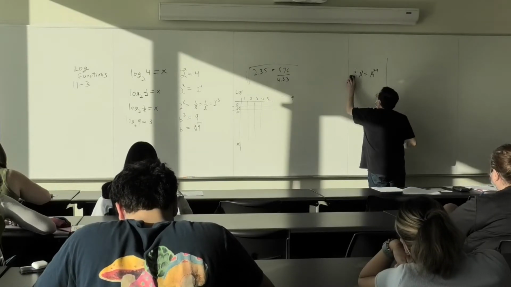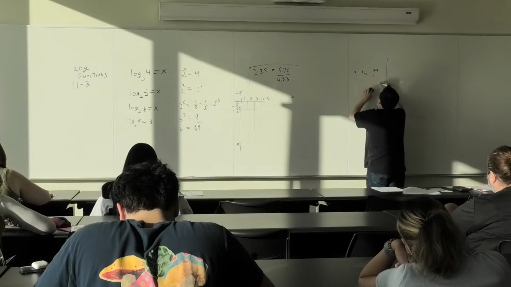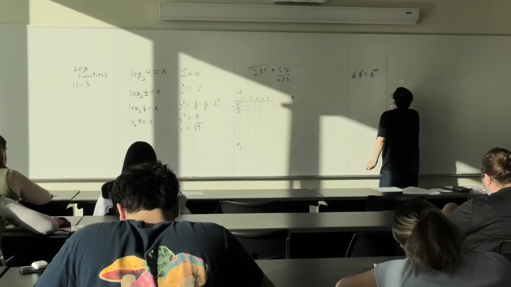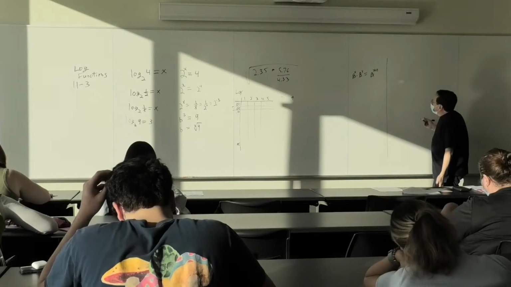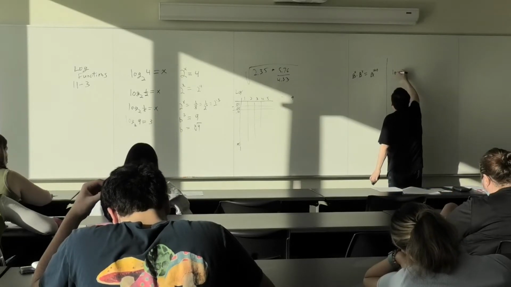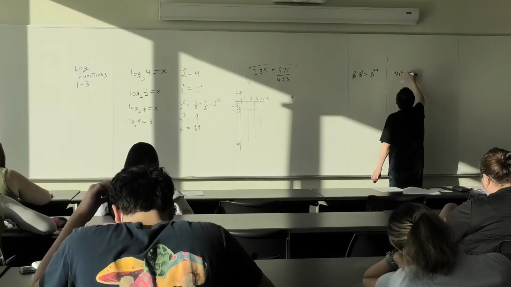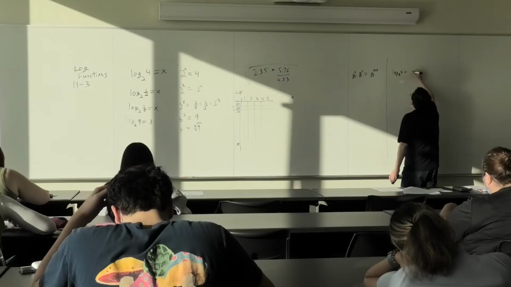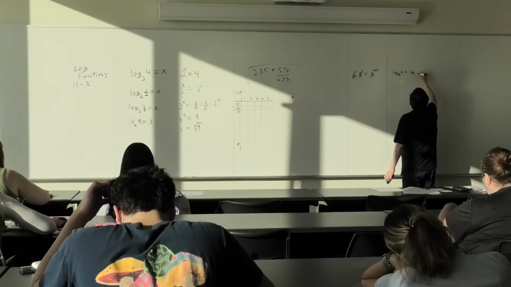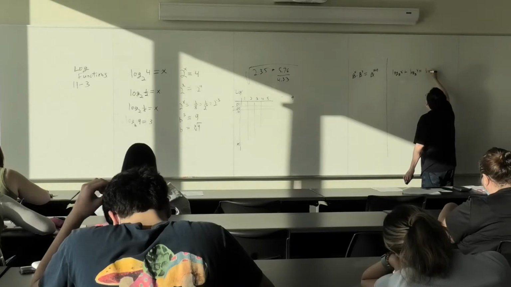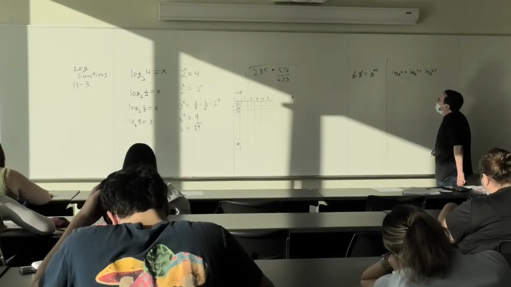It's a base. So the way it works with logs is log to the base b of x plus log to the base b of y equals log to the base b of x times y.